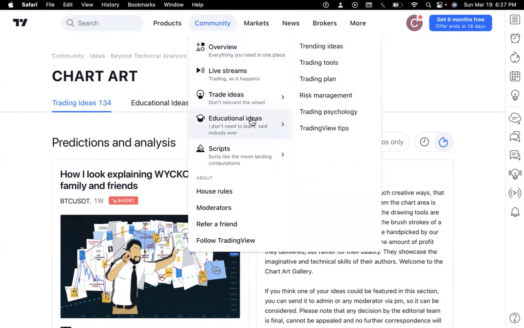So that's pretty cool. Also under the community tab, there are educational ideas. I love this part about TradingView. So there's trending ideas, trading tools, trading plan, risk management, trading psychology, and TradingView tips, right? These are all things that we all need as traders.